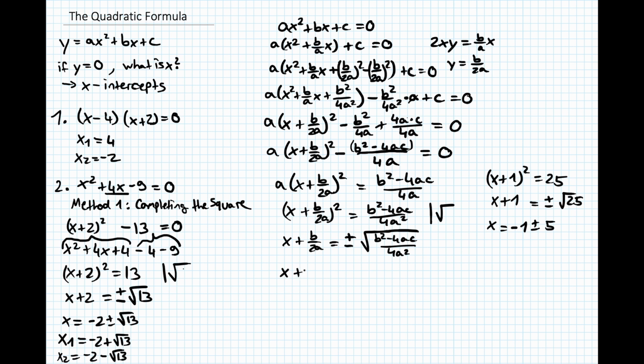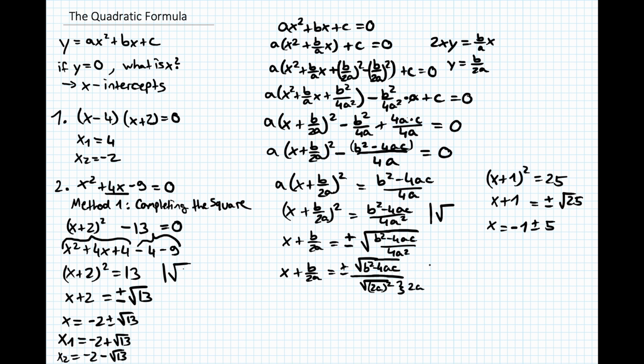That's what we'll do in the next step. Square root of b squared minus 4ac divided by the square root of 4a squared, which is the same as 2a all squared. And the square root of 2a all squared is just 2a.